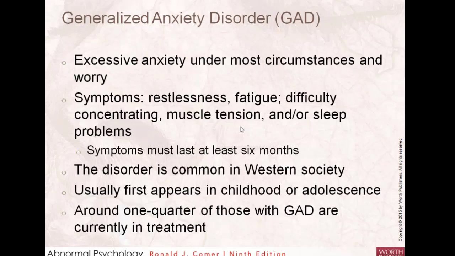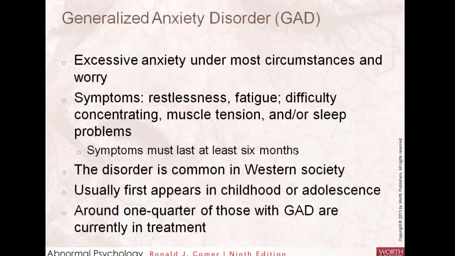Is that because we don't understand them well enough to differentiate? Is it because actually the root cause of one is the cause of the other as well? Are they actually the same disorder? We don't know for sure, but we do know that comorbidity is high, so you'd want to check in on symptoms of depression if you have a client with generalized anxiety disorder. So restlessness, fatigue, difficulty concentrating, these are some of the symptoms you'll see.